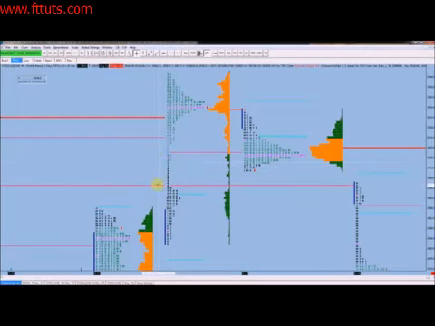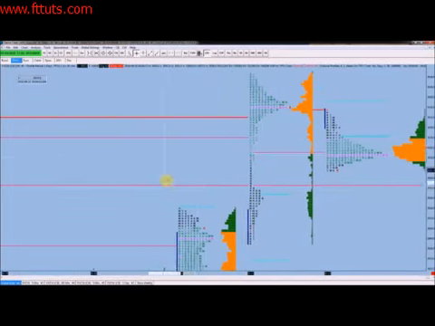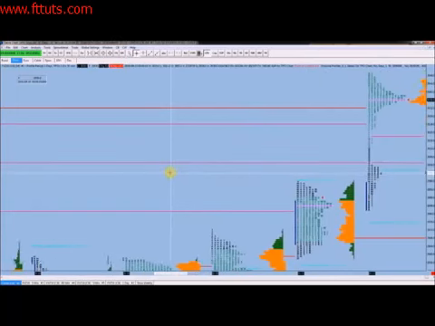So the pink line signifies where the single prints began. Where did the market start to turn? Where did the market accelerate? It's not going to post them in the middle. It's not going to post them at the top because we moved upwards. It always posts them where the move began. So in terms of it being a downward move, that's fine.